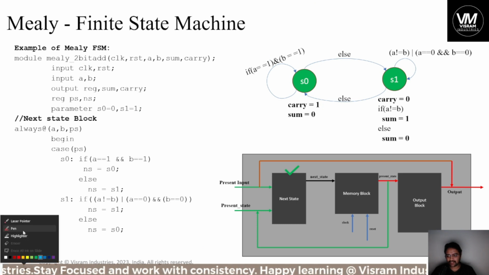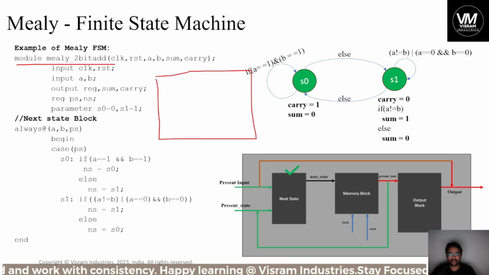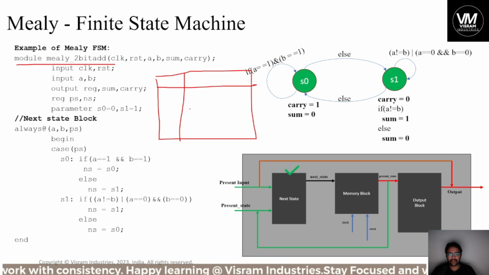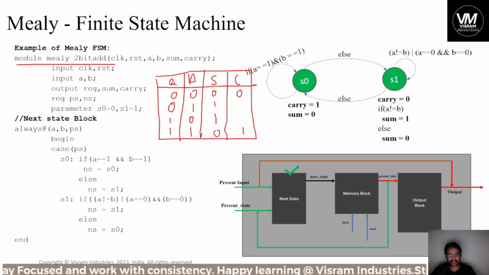Verilog HDL implementation. Our example today is the 2-bit Mealy FSM, and we have a truth table of A, B, sum and carry. If it is 0, 0, both the sum and carry are 0, and if it is 1, 1, sum is 0 and carry is 1.